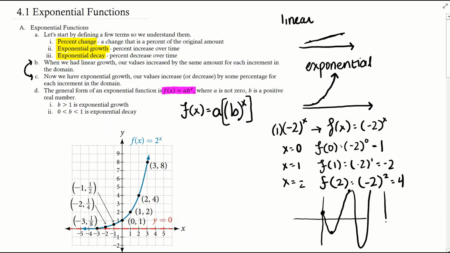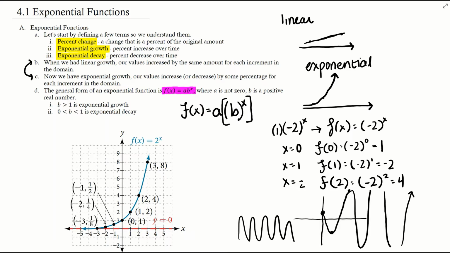I mean, it would go off of our graph here. It would be like if you were just making doodles on a page like this. So obviously, this is why b needs to be positive, so that it doesn't jump back and forth.